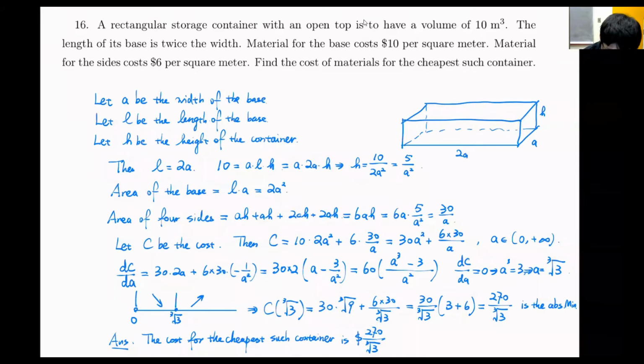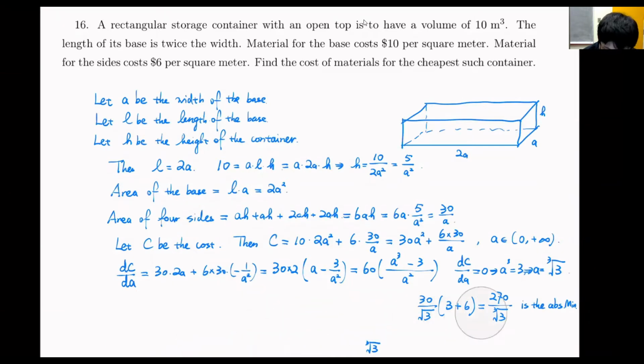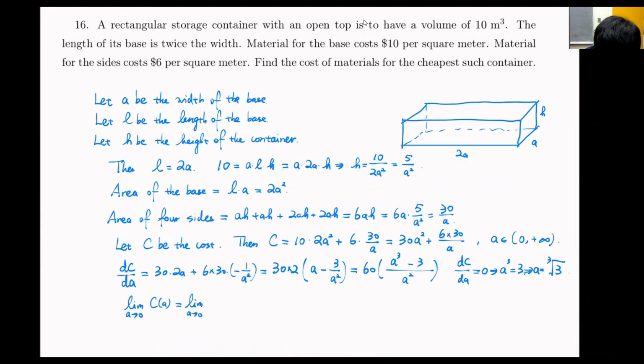Certainly another way to justify that you have got an absolute minimum is to apply a method similar to the closed interval method, so you look at the limit of C of A as A approaches 0. This simply means you want to compute the limit of 30A squared plus 6 times 30 over A. The first term approaches 0.